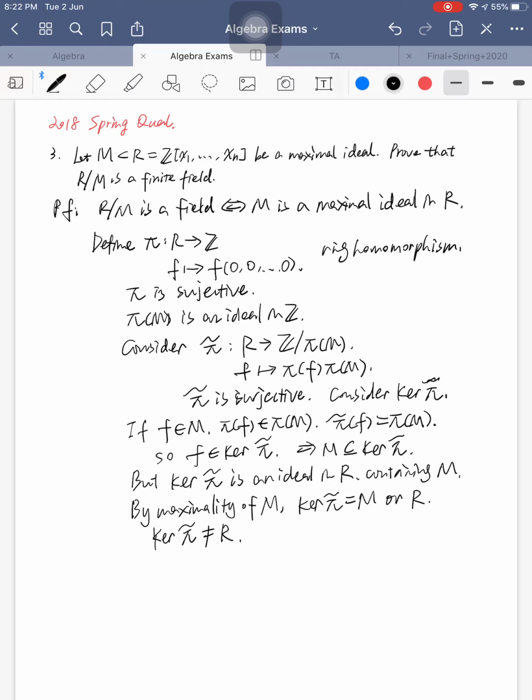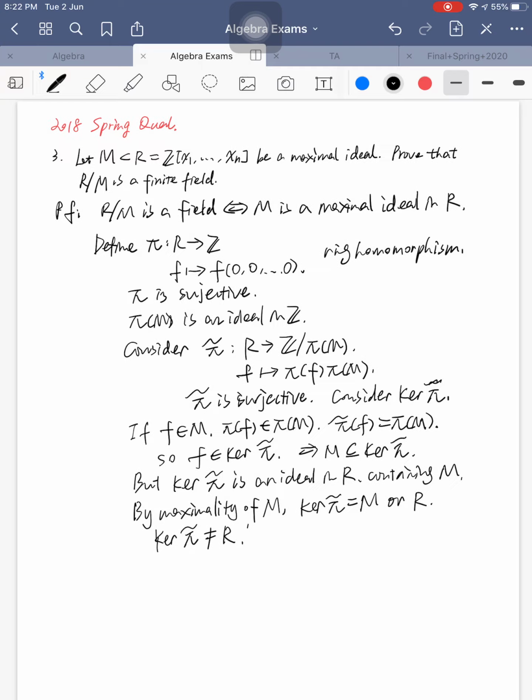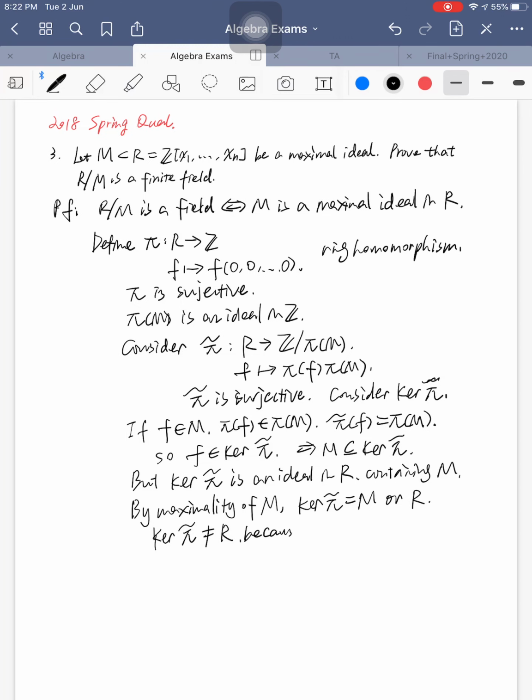Otherwise, pi tilde would not be surjective. So therefore, we have proved that the kernel of pi tilde equals M.